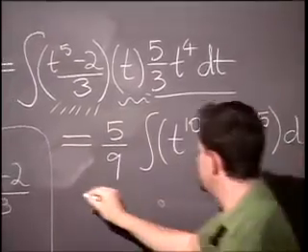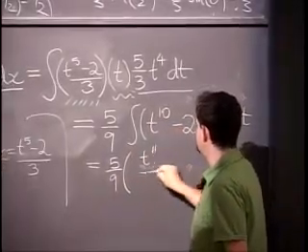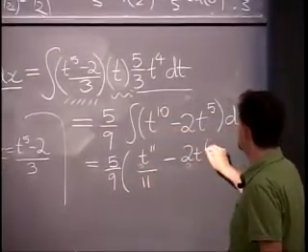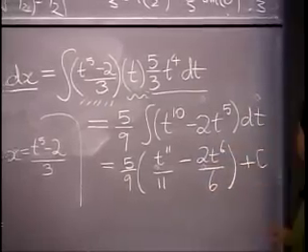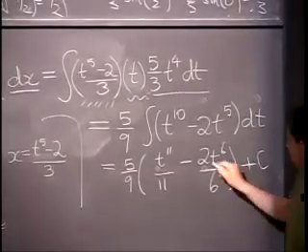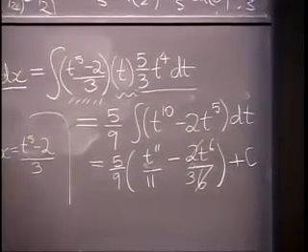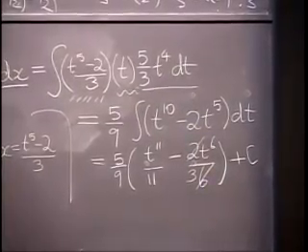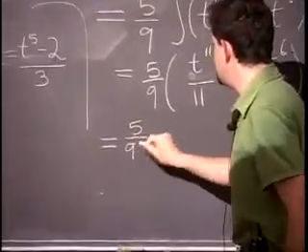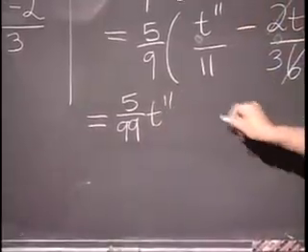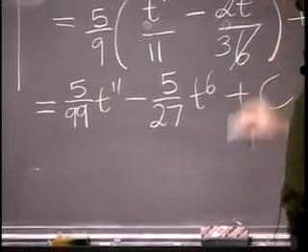Now, when we integrate this, we get t to the 11 over 11 minus 2t to the 6 over 6 plus a constant. There's a tiny bit of cancellation here in that we can change this to a 3, canceling out the 2 and the 6. And so what are we left with? 5/99 t to the 11 minus 5/27 t to the 6 plus a constant.